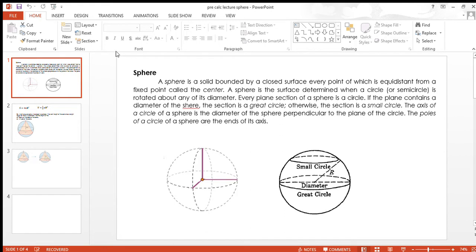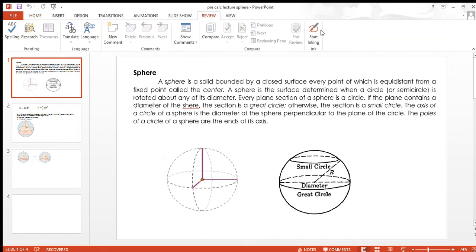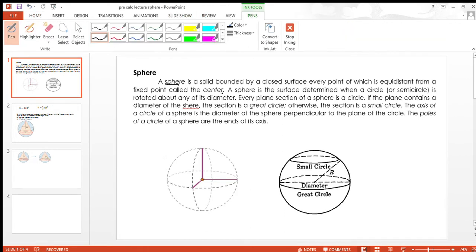By definition, a sphere is simply a solid bounded by a closed surface, every point of which is equidistant from a fixed point called the center. The easiest way to determine the sphere is to consider this diagram.